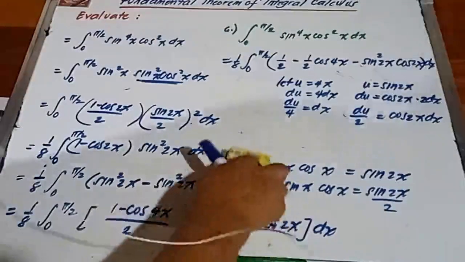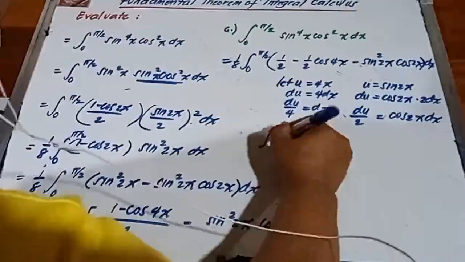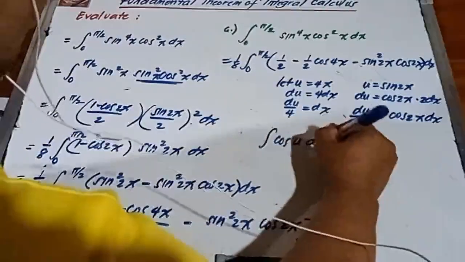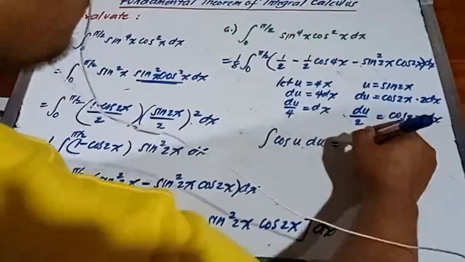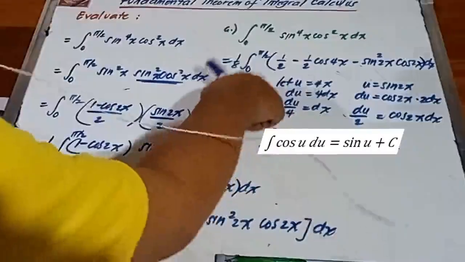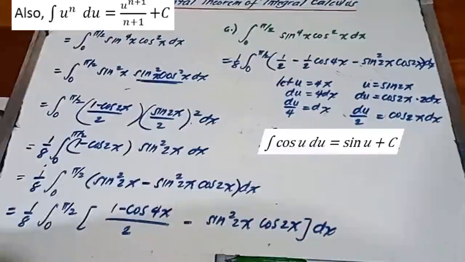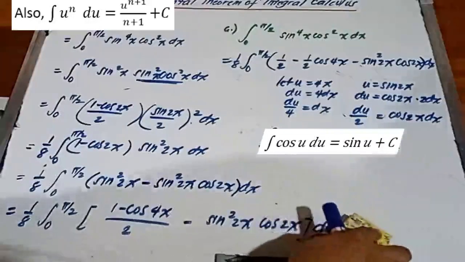Bakit ko ginawa yon? Kasi po, ang formula ng integral ng cosine u du is sine u. Okay. Para dito. At dito naman, gamit yung ating u substitution, makikita ninyo na pwede natin gamitin yung power formula of integration.